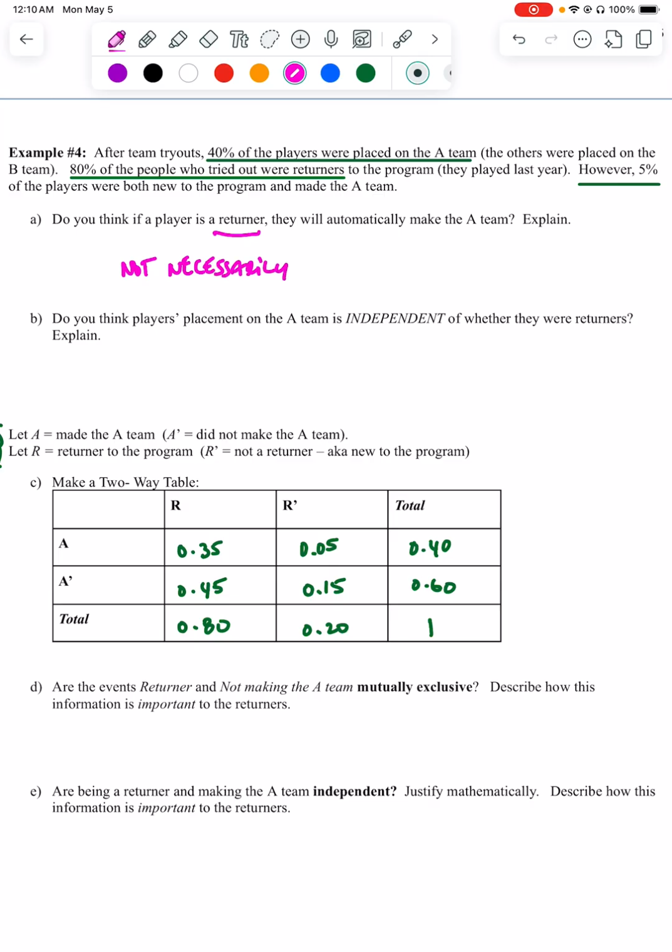And then part B: do you think players' placement in A on the 18 is independent of whether they were returners? So we're trying to find the probability of A. And we know that the probability of A and not returners, this is A and not returners right here, is 0.05.